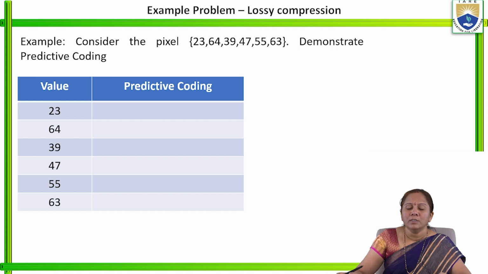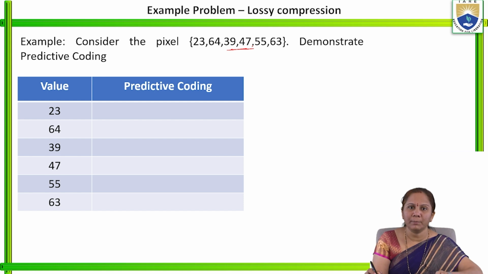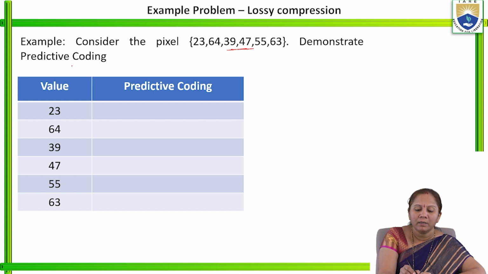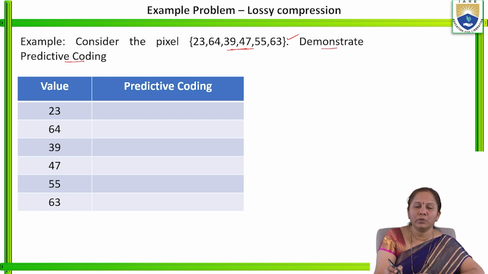Now let us solve one simple example. Here the given pixel values in this example are 23, 64, 39, 47, 55 and 63, and they are asking to demonstrate predictive coding.